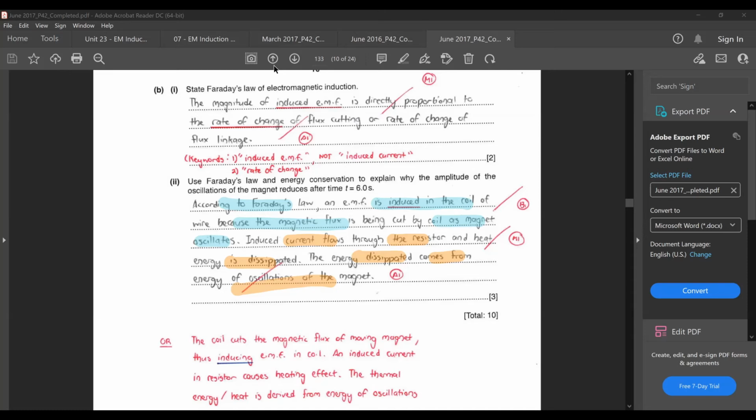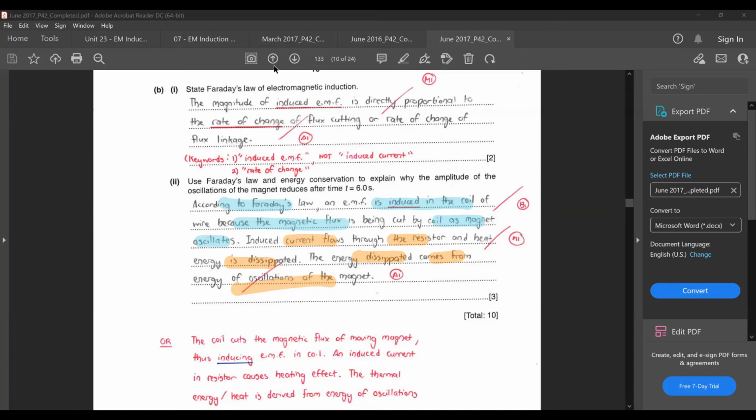So the common thing, if you read through some of the earlier examples, is that the common points will always be you saying either magnetic flux is being cut or there's a change in flux linkage, therefore there is induced EMF. And then the second thing you say is, because there is induced EMF, there's induced current.